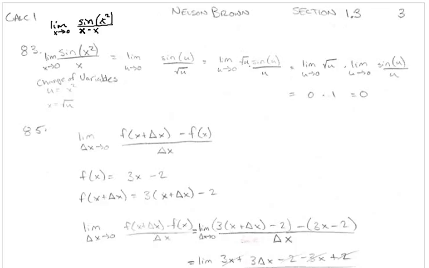But if we multiply the top and the bottom by the same thing, a quantity of x, then one factor of x would cancel in both the numerator and the denominator. So this is equal to the limit as x goes to 0 of x times sine of x squared over x squared.